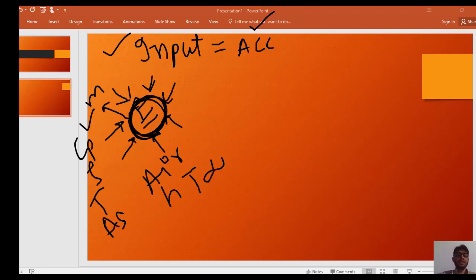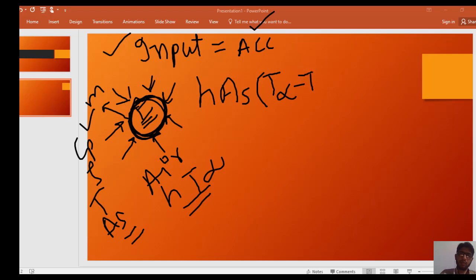In this case, the heat entering the system during time t is equal to the heat transfer coefficient of the air, the surface area of the sphere, and the temperature difference between our surrounding and our system, which is nothing but Newton's law of cooling: h AS (T infinity minus T).